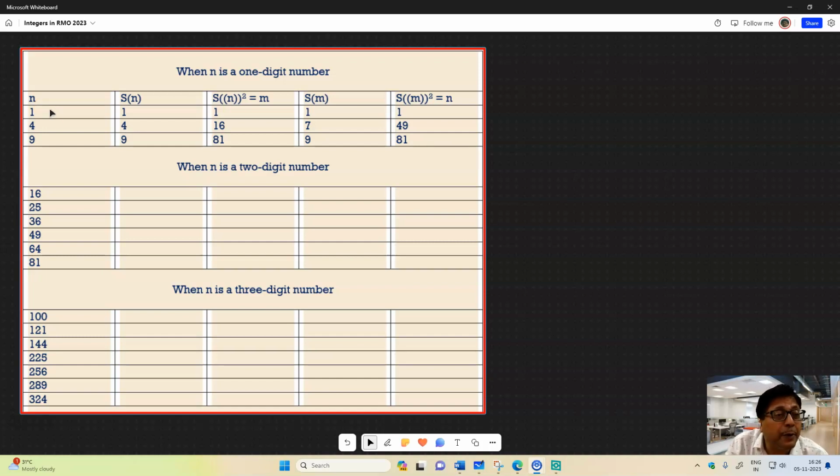So 1-digit perfect square numbers are taken into consideration. N and m both are perfect squares in the problem. That's why 1, 4, 9, and we do all the necessary calculation here. But n started with 9, we are getting 81. So n cannot be a 1-digit number.